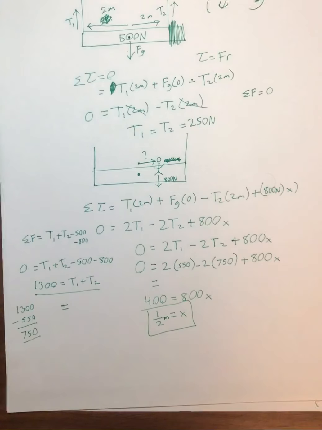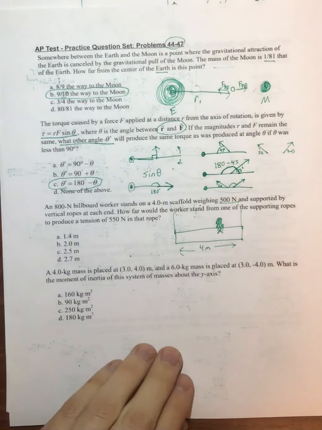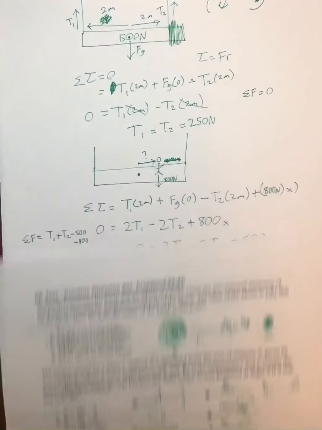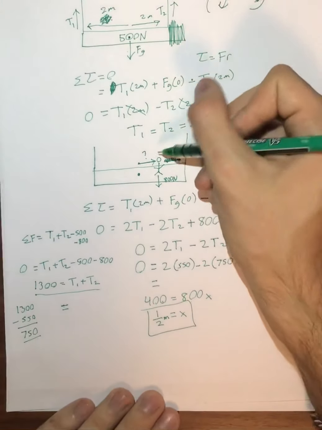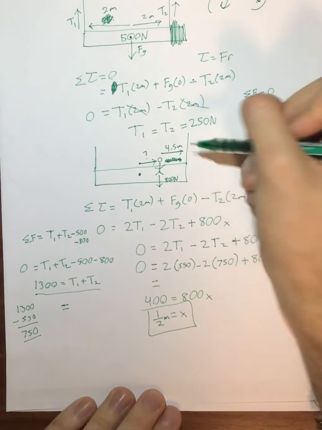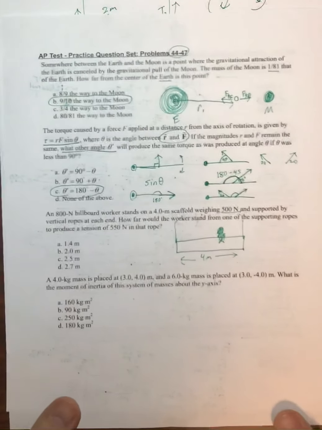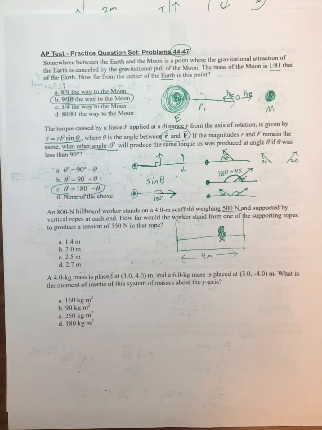So what are my options? How far would the worker stand from one of the supporting ropes to reduce the tension? Okay, so if this is 1/2 a meter, this remaining distance is 4.5 meters. But that's not one of the options. So what went wrong? How far would the worker stand from one of the supporting ropes to produce a tension of 550 newtons in that rope?